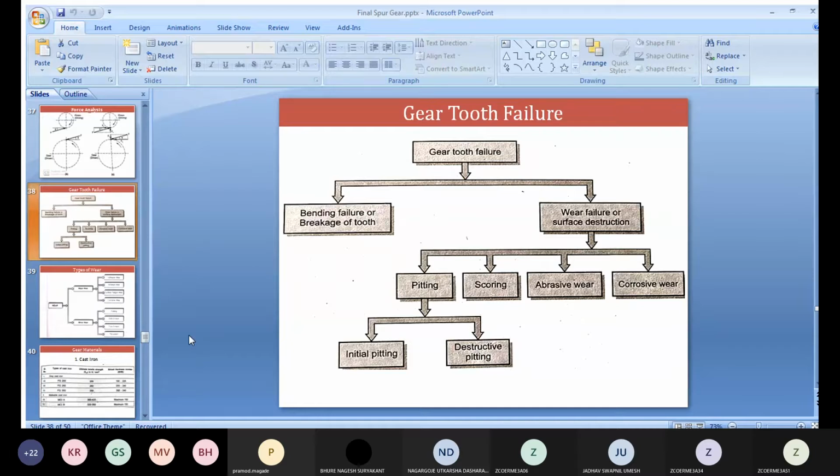Such kind of failure cannot be minimized.